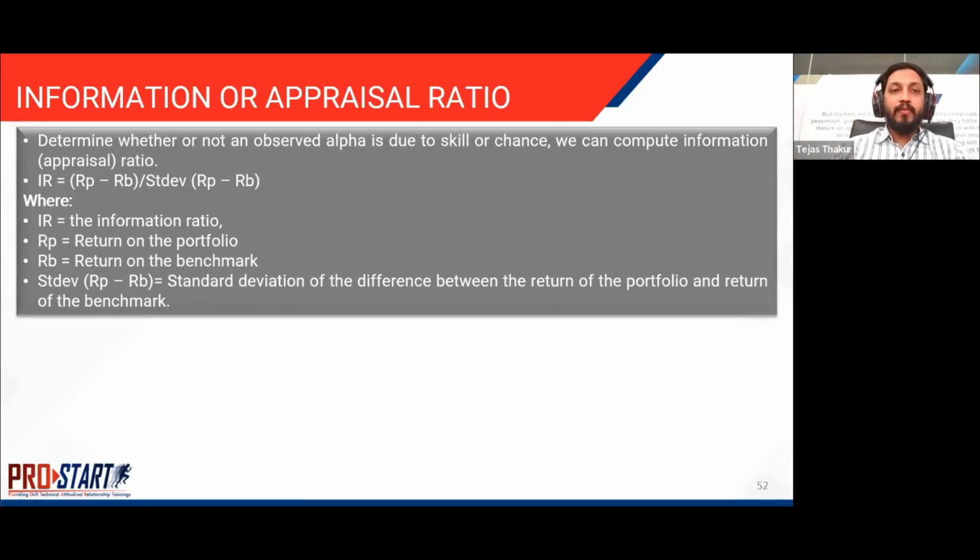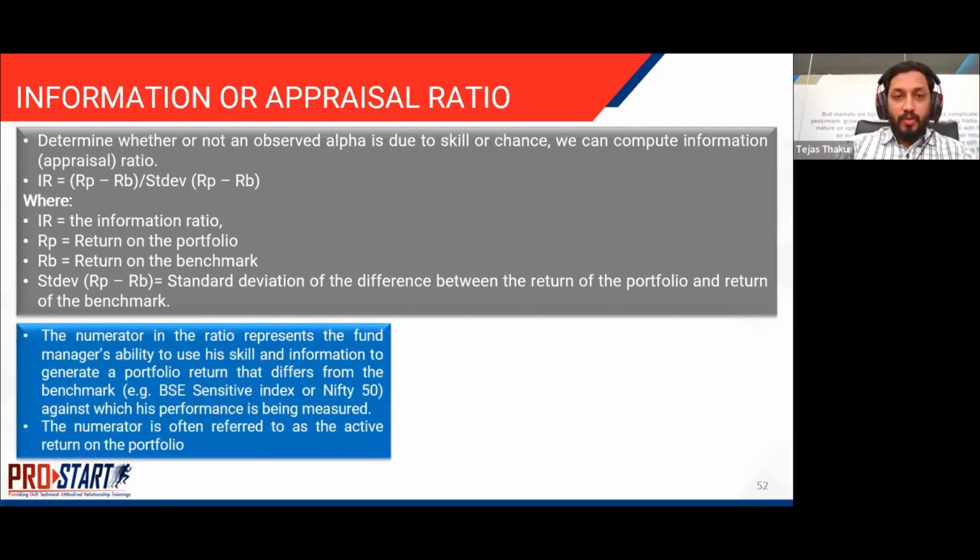And we can compute the information ratio basis the formula of the excess return over the benchmark, which is the simplistic alpha methodology, divided by the standard deviation of the portfolio returns and the benchmark returns, which is also known as the tracking error or the active risk. These are different terminologies used for the same number.